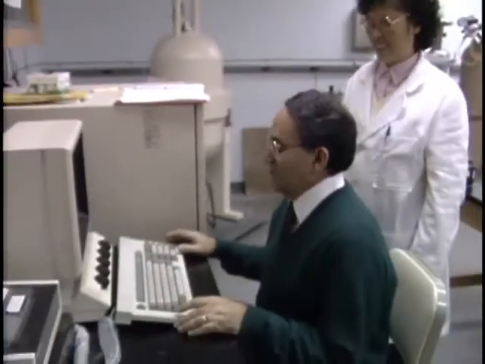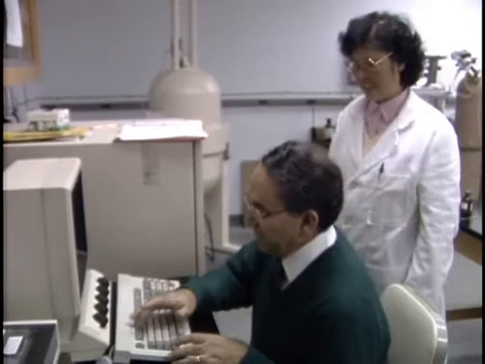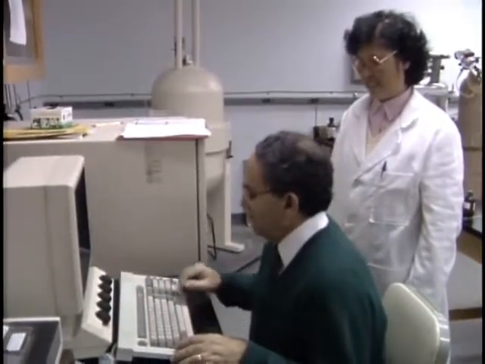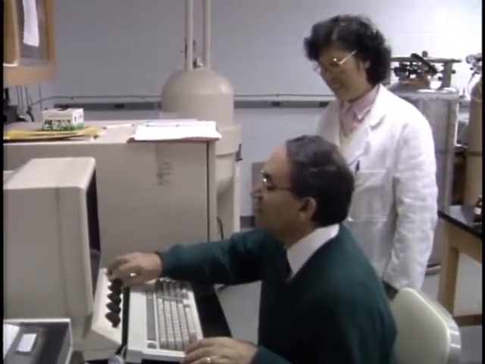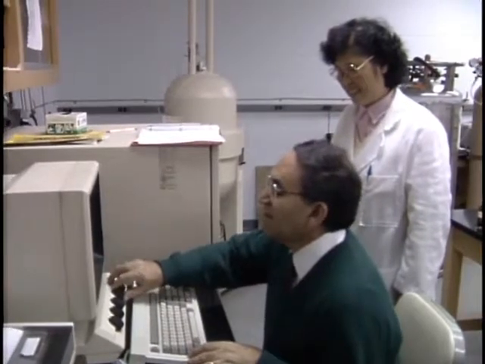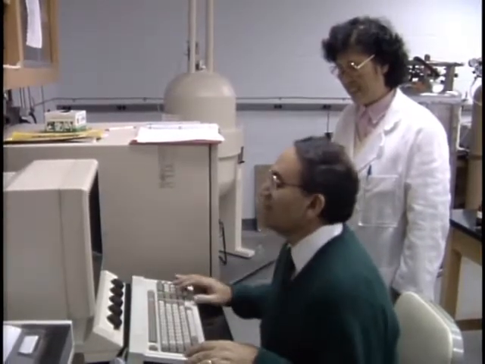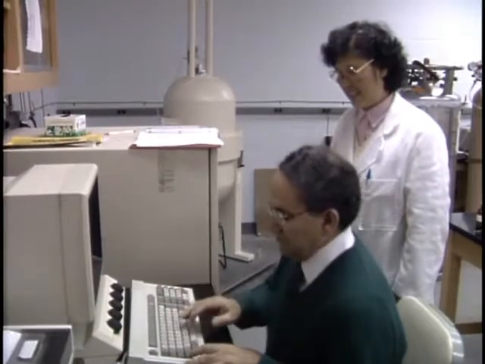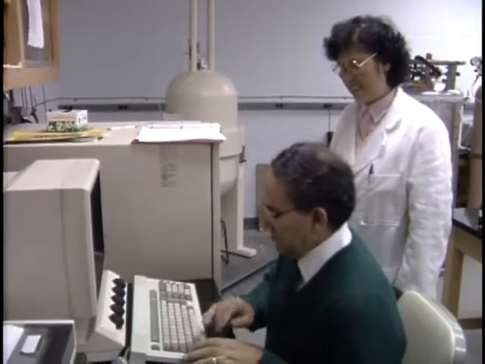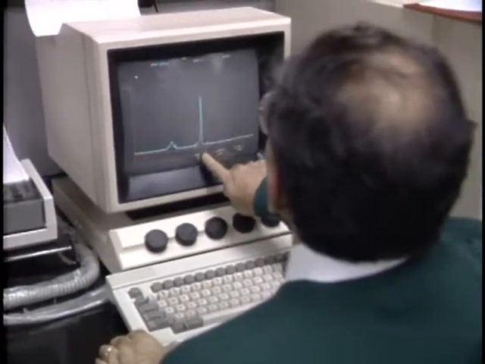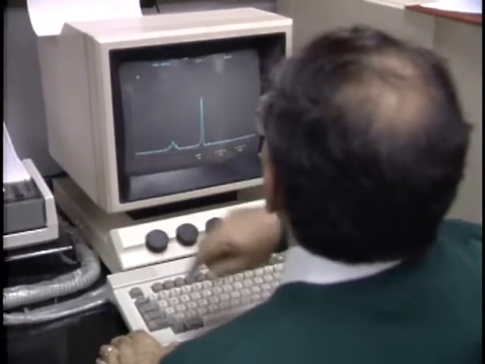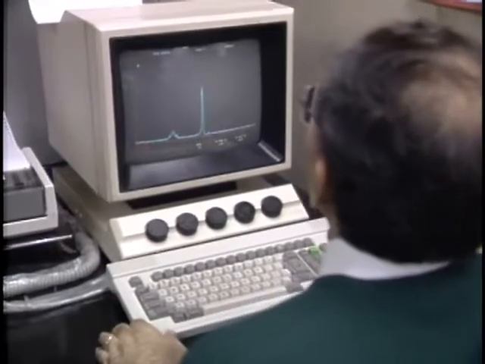Yeah, this DMSO. Okay, so what do we have? And then we have USB. The methyl group that we have, and that's the water, the little OH water, yeah. Okay.